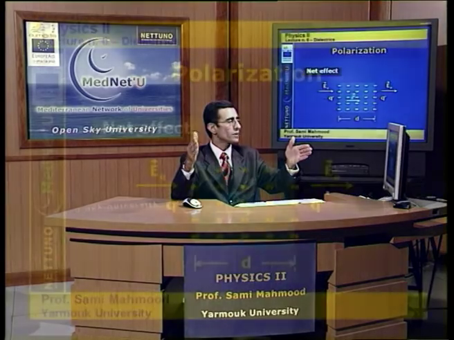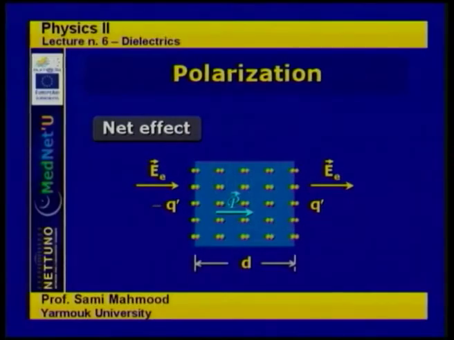The net effect of the polarization, however, is macroscopic, because if we have a macroscopic dielectric, the separation between one phase, which would be charged negatively, and the second phase, which would be charged positively, is a distance that can be measured macroscopically.